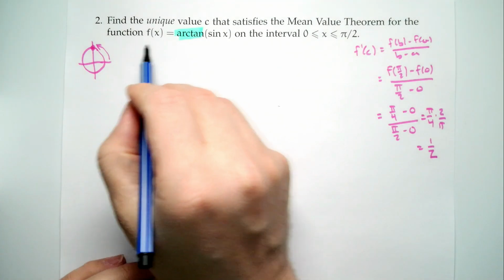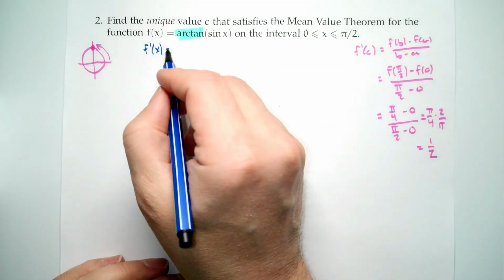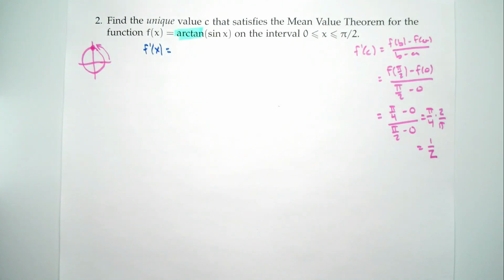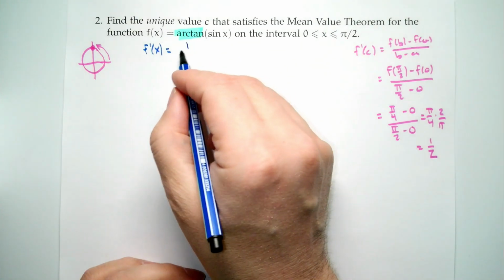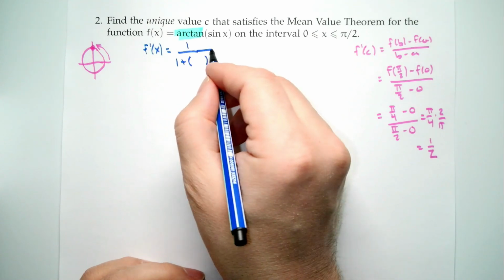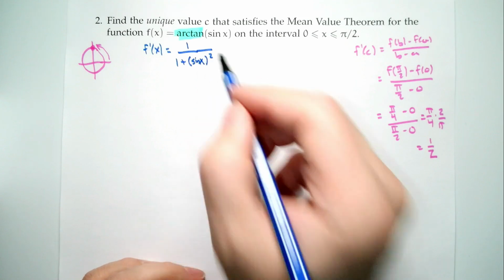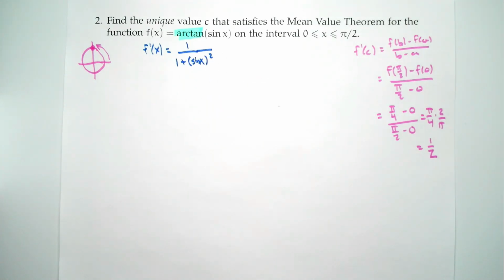So here's our function. What's the derivative? So, derivative of arctangent. Well, the rule is you take 1 over 1 plus the square of the inside. So 1 over 1 plus whatever's on the inside squared. In our case, the inside is sine of x. But remember, chain rule.